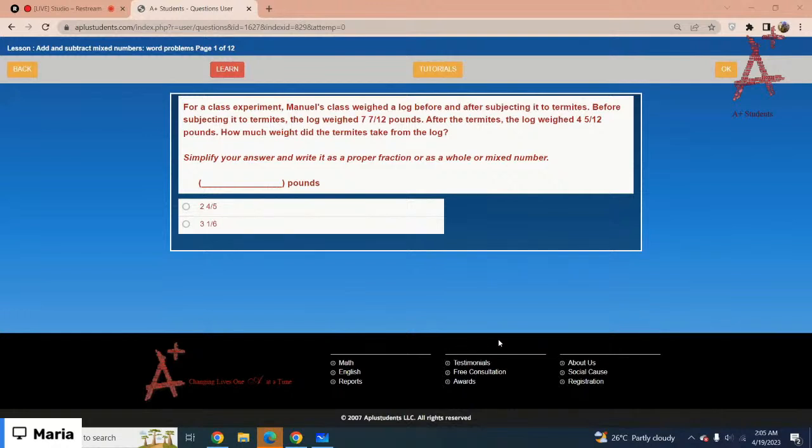So you have to subtract 7 whole 7 over 12. That was the weight before. And the weight after termites is 4 whole 5 over 12. So you need to calculate the weight that termites took from the log. Got it?